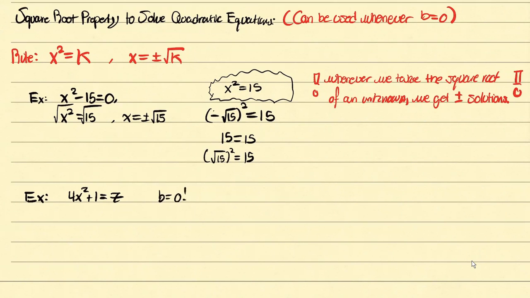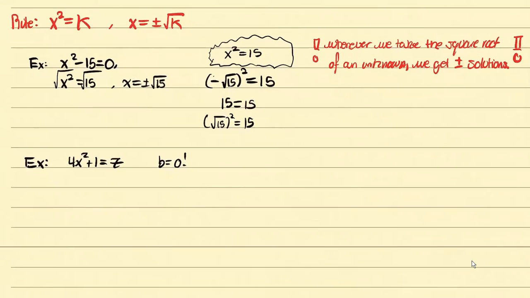So I can use the square root property. What I need to do, though, is isolate the term x squared. So I'm going to subtract 1 over to get 6 on the right-hand side. And then I can divide by 4 here. I don't actually have to, but it makes the algebra a little more easy. So I have x squared is equal to 3/2.